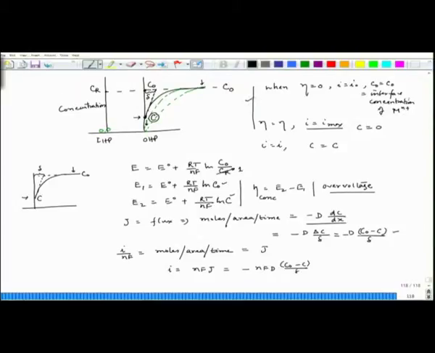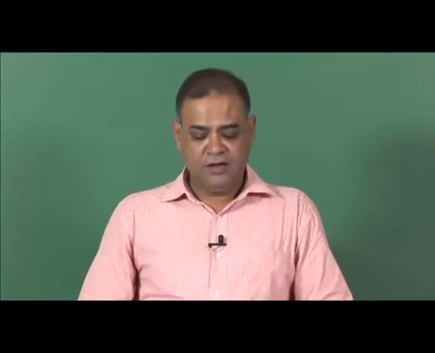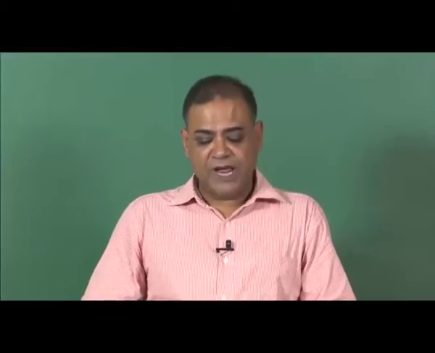Now, I use these two conditions. When I equals I, the concentration difference is C 0 minus C, and when I equals I max, that means the maximum current density, whatever metal ion is coming from the bulk to the interface is immediately getting reduced and going to the IHP, or inner Helmholtz plane.